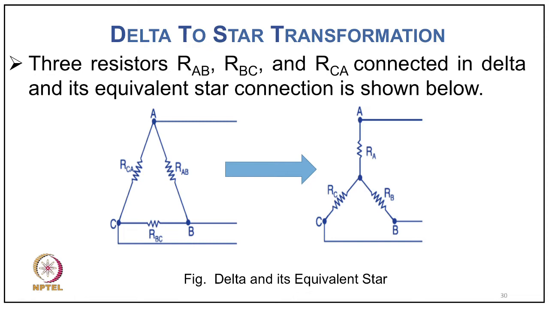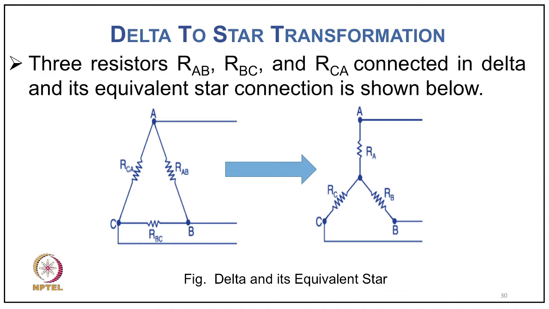It means if you are given the values in the delta, then you should be able to calculate the equivalent network resistance in the star connection. So, we have to look into simple mathematical analysis to get the interrelation between the 2 sets of networks, one in delta, another in star. If one is given, then you should be able to calculate the elements of the other connection.